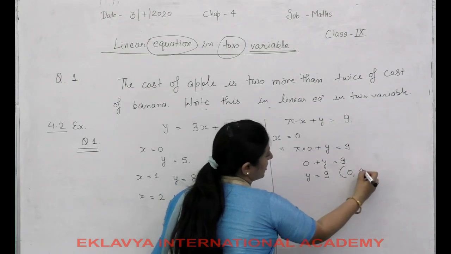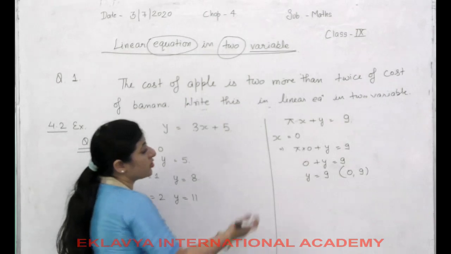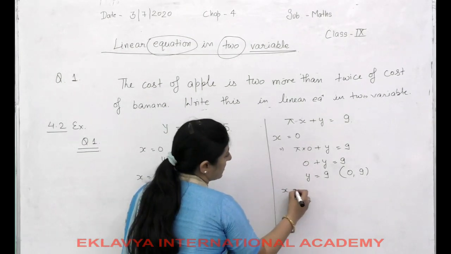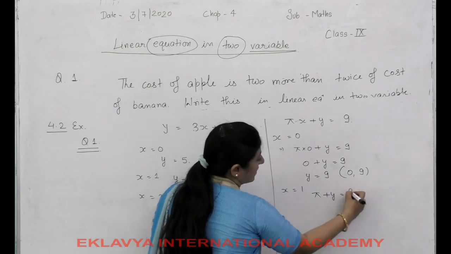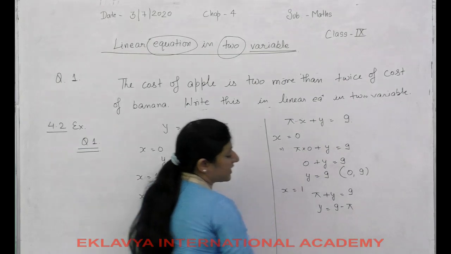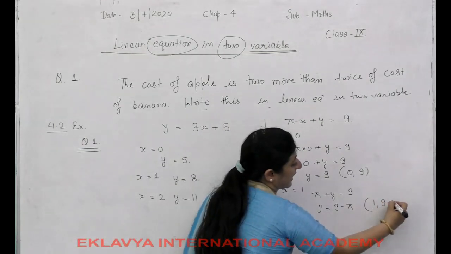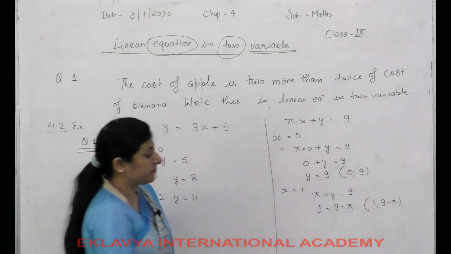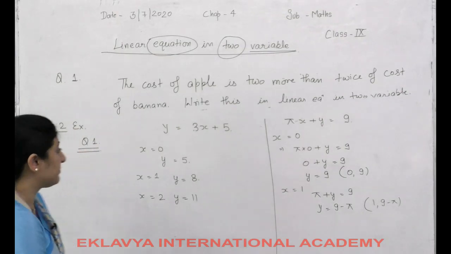Our first solution is (0, 9). For the second solution, I can take x is equal to 1, then pi plus y is equal to 9, y is equal to 9 minus pi. Then it becomes (1, 9 minus pi). In this way you can find more solutions, no problem.